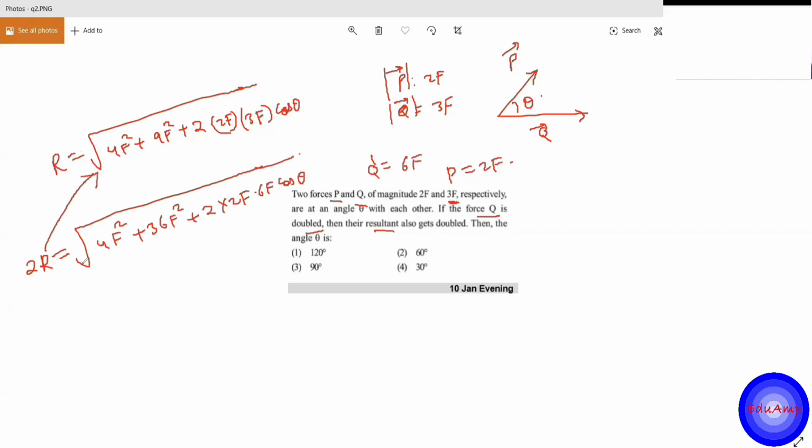So twice of this. Now I square both the sides. Squaring both the sides, I'll get 4F square plus 9F square plus 12F square cos theta, and this is equal to 4F square plus 36F square plus 24F square cos theta, right?